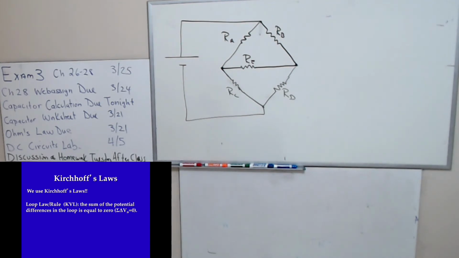I didn't spend time counting them. You don't need all 4 loops. So we're going to use the sum of the voltage drops equals 0 like in the previous problem. But also you're going to use the junction rule, or KCL, Kirchhoff's current rule, that the sum of the currents going into a junction or node equals the currents leaving a junction.